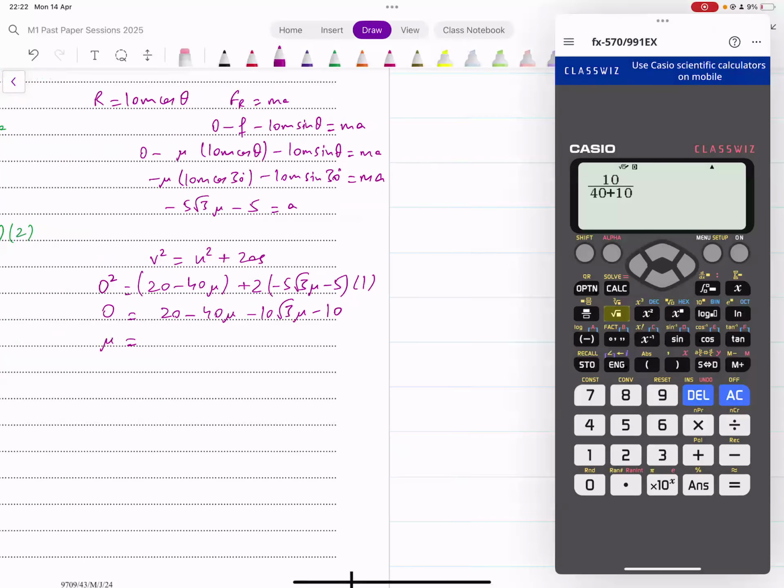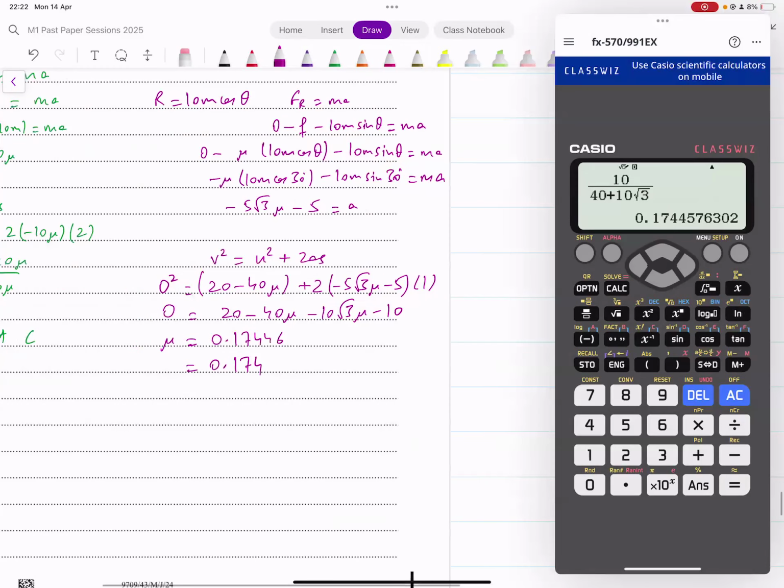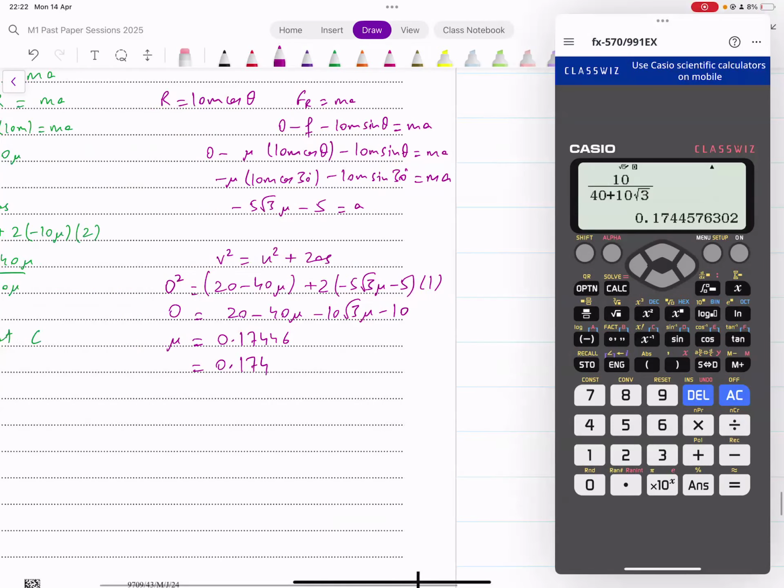And that turns out to be 0.11745. That's the value of mu that I'm getting. 0.174. Can somebody confirm this calculation? That's okay, right? Okay, so that's mu now.